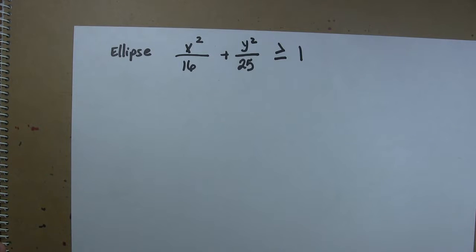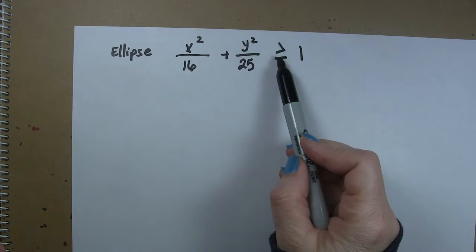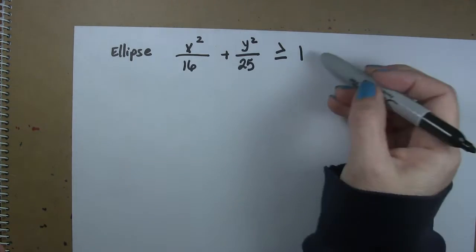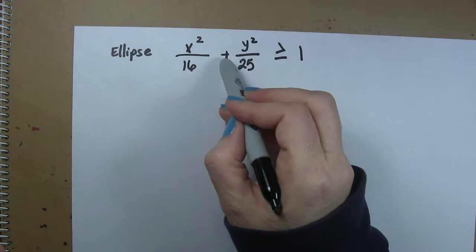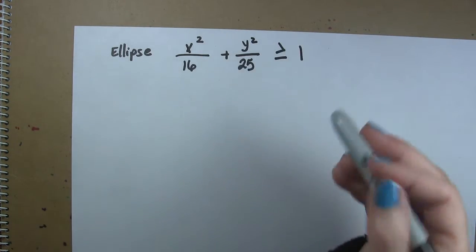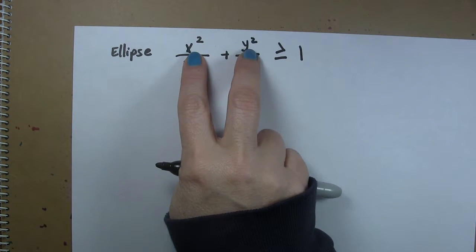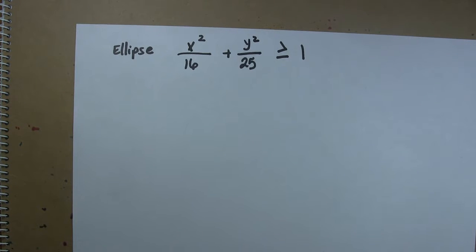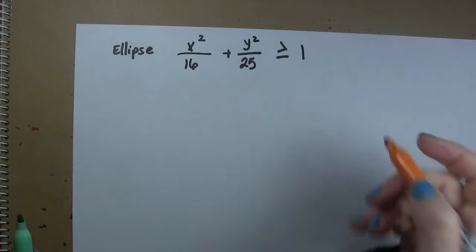Okay, so notice that very little has changed except this. Instead of being an equal sign, it's a greater than or equal sign. But we still have a 1 here. We still have a plus sign here. We know we're going to be centered over the origin because we don't have any messing with our x or y terms.